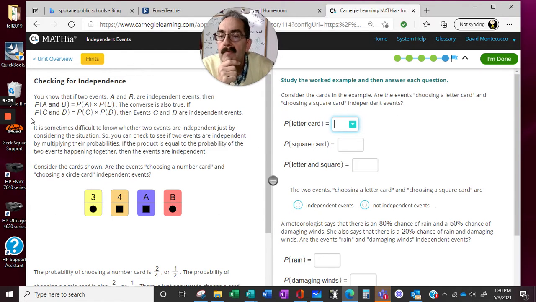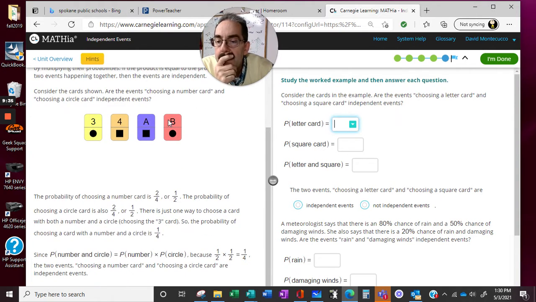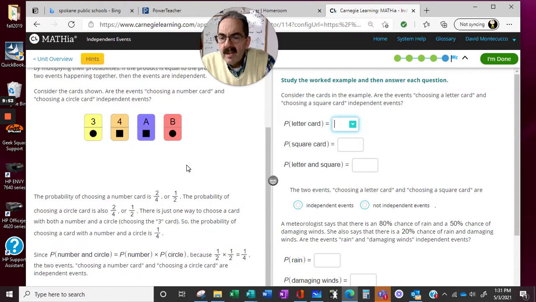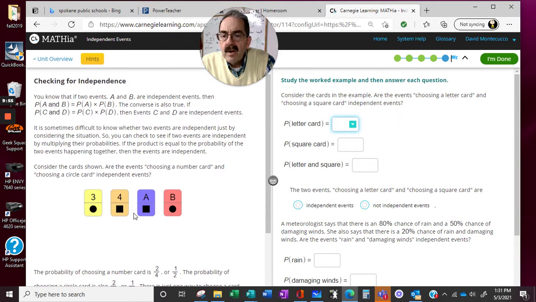Okay, probability of this and the probability of that. Alright, probability of choosing a number of cards, 2 of the 4 or 1 of the 2. Okay, consider the cards in the example. Are the events, choose a letter of a card. What are the independent events? Probability of a card, 2 of 4.